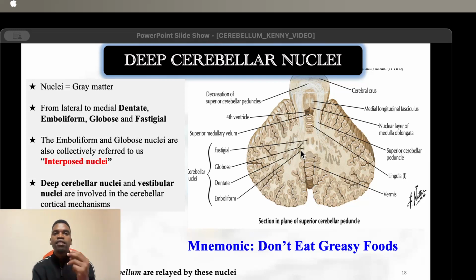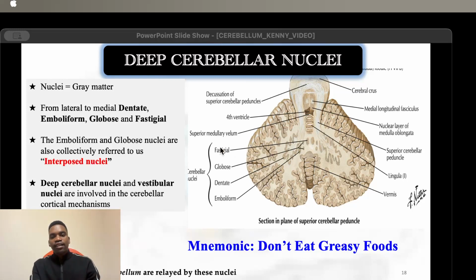If we say that the cerebellum helps in coordination of movement, it is actually these nuclei that coordinate the movement. Whatever function of the brain you are referring to, it is the gray matter, the neuronal cell bodies, that perform this function.